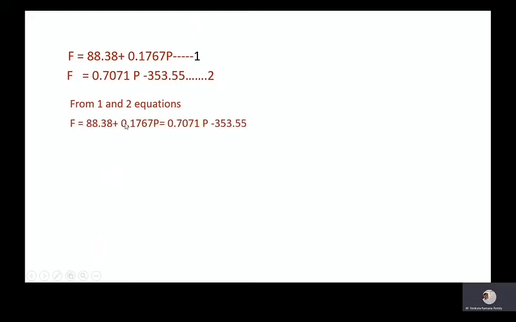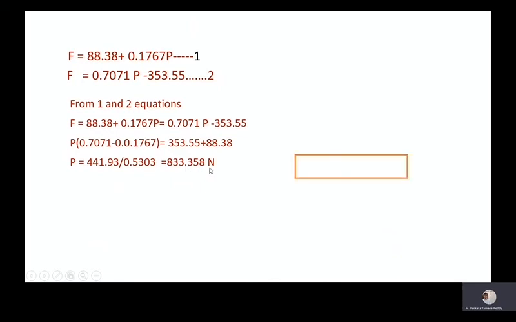F is equal to 88.38 plus 0.1767 P, which is equal to 0.7071 P minus 353.55. After solving these two equations, the P value is 833.358 newtons. That is, in order to push the block up, we require a force of 833.358 newtons.